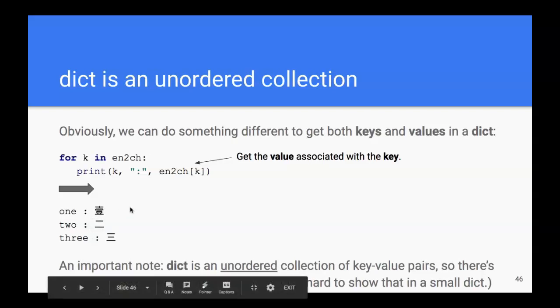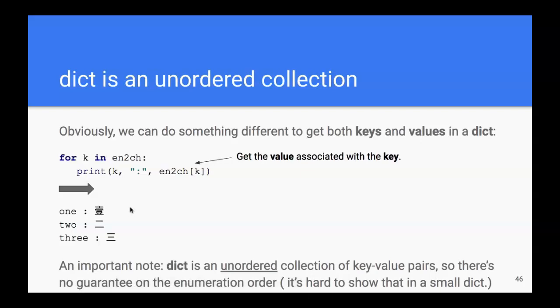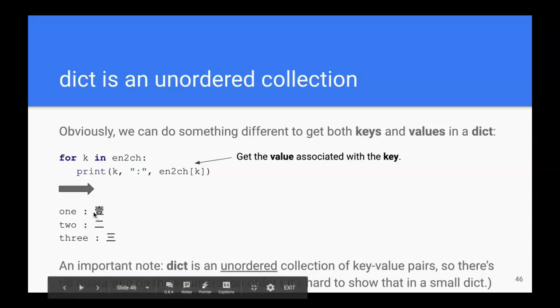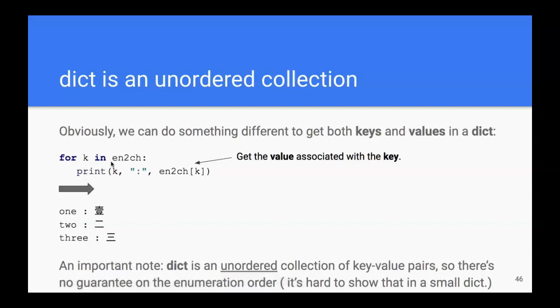Now it happens to be 1, 2, 3 in this case, just because it's such a small dictionary, and I guess the way it's stored is just the way that they were initialized. Unfortunately, I couldn't find an easy example to show the fact that it's unordered. But just remember, you cannot assume anything in terms of order when you enumerate or iterate through the dictionary. Okay.